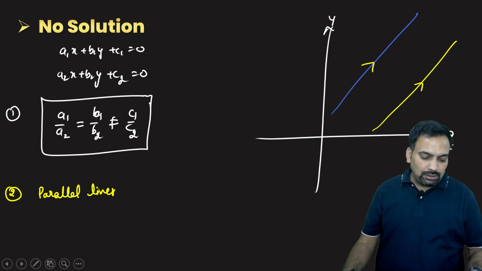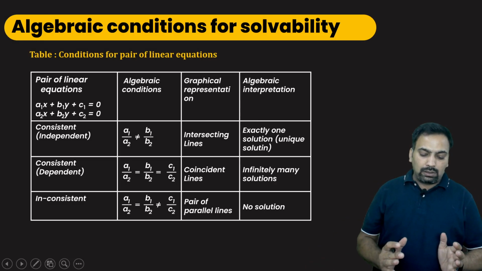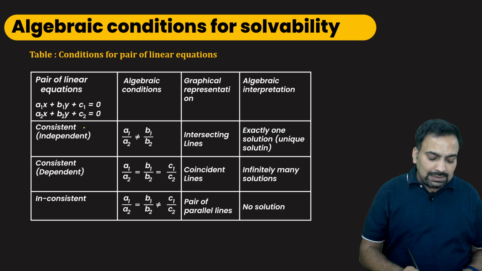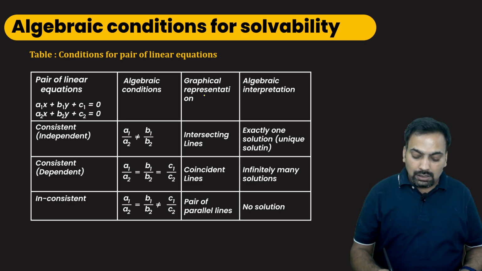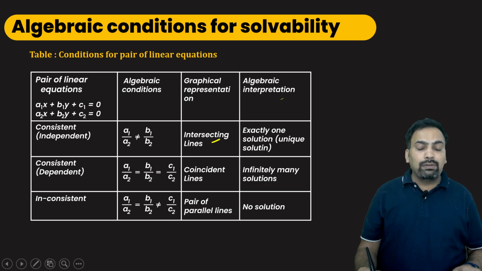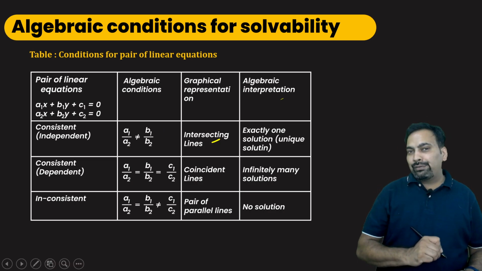So here it is, all things at one place. Consistent as well as independent types of equations: graphically, intersecting lines; algebraically, exactly one solution. And the condition is a1 upon a2 is not equal to b1 upon b2.